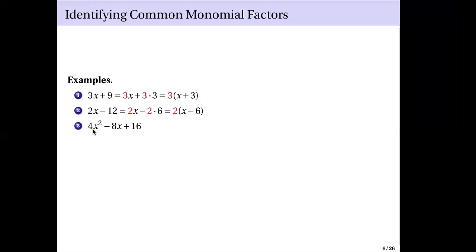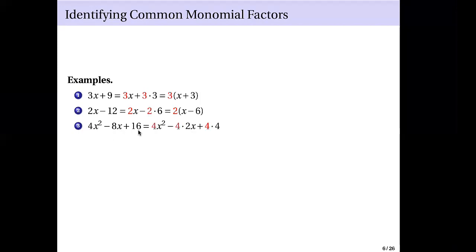Now, look at this. 4x squared minus 8x plus 16. So you have a trinomial here, but look at each monomial. For x squared, you have minus 8x, and then you have 16. Looking at the coefficients for negative 8 and 16, those coefficients have a common factor. 4 is a common factor because 8 is 2 times 4, 16 is 4 times 4.